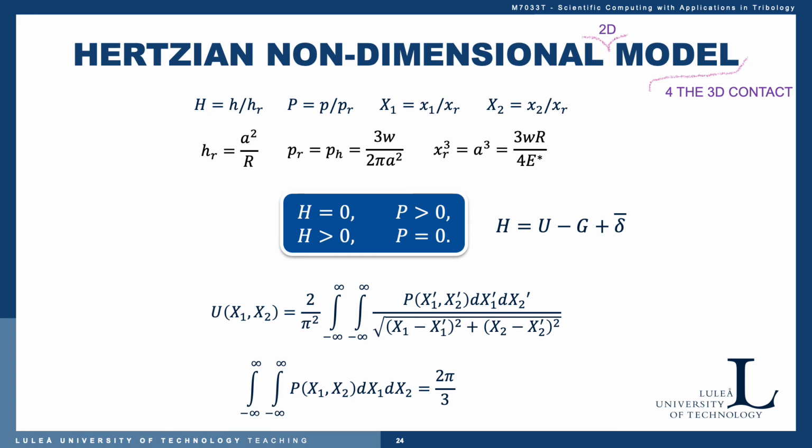So, in summary, we have a Hertzian non-dimensional 2D model, because it's a dimension-reduced model due to the half-space assumption, but it is for the 3D contact between two parabolically shaped surfaces, or could be asperities, and it's given by the description presented here.